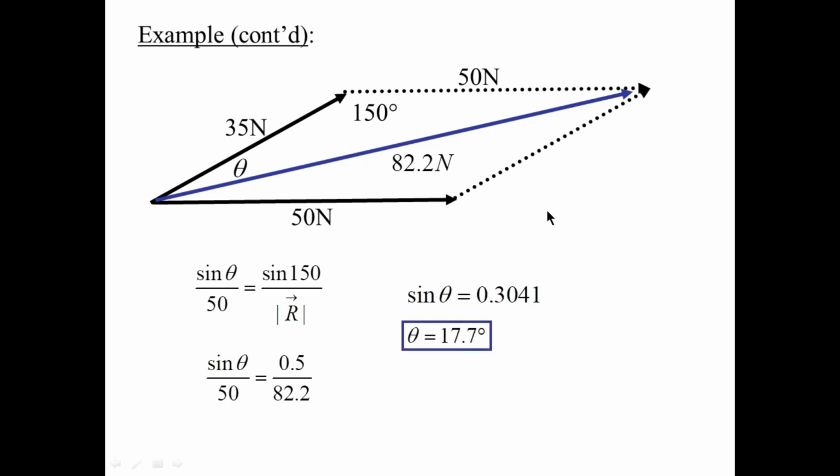And so we got theta. Theta is 17.7 degrees. And we know what the other one is as well, because altogether it was 30 degrees, so the other one must be 12.3.